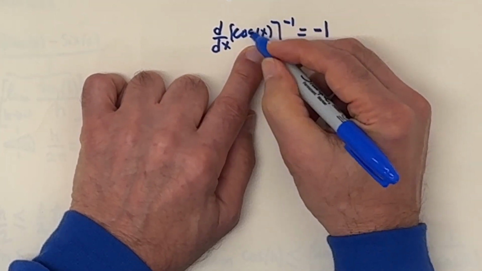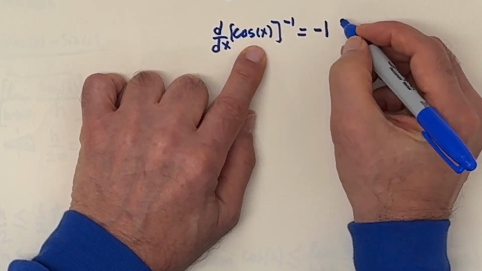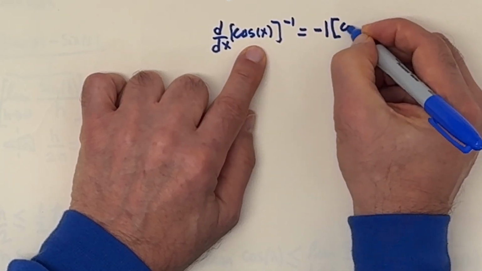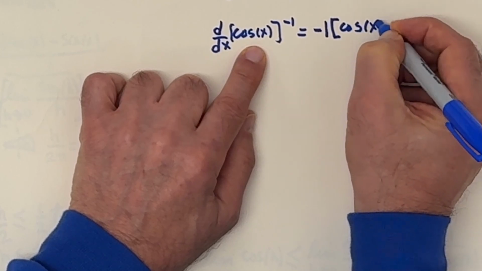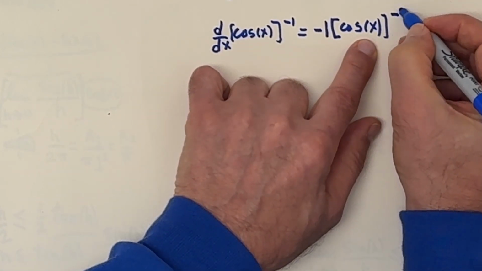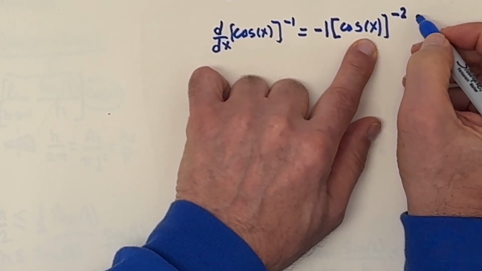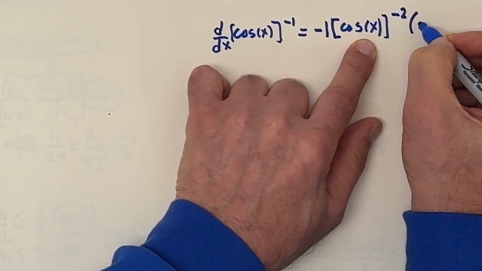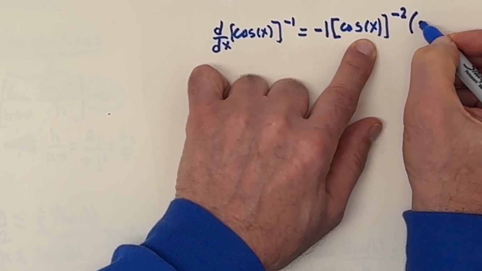So you take the derivative of this power using the power law. So this is going to be minus 1 cosine of x, and then this is going to be to the minus 2. You subtract 1. And then you take the derivative of what's inside, which is going to be the derivative of the cosine, which is minus the sine.